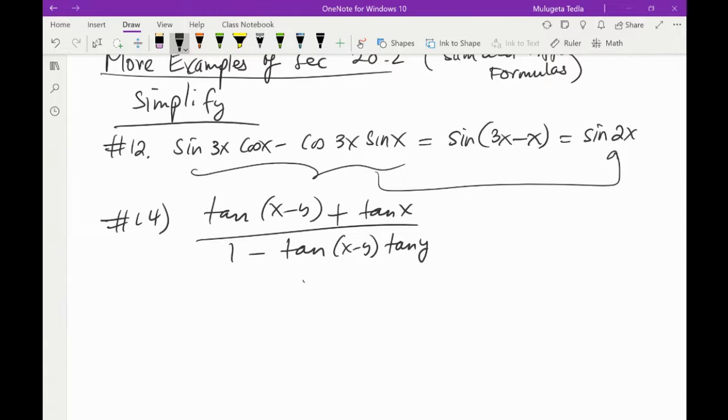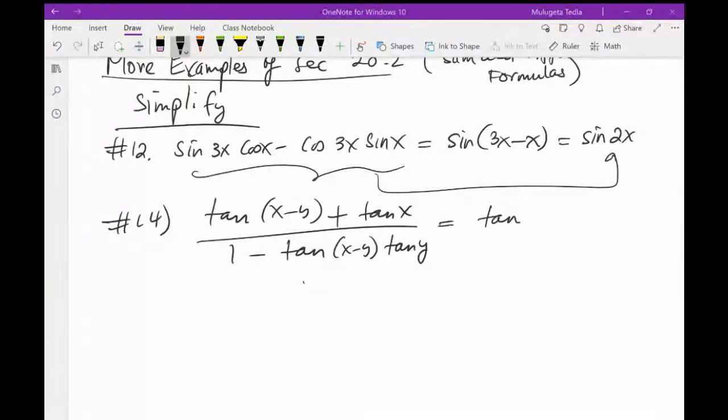This is simply tan of alpha plus tan of beta over 1 minus tan of alpha tan of beta, where alpha is x minus 1 and beta is x. So you can treat this as tan of what? Alpha minus beta or alpha plus beta is my question.